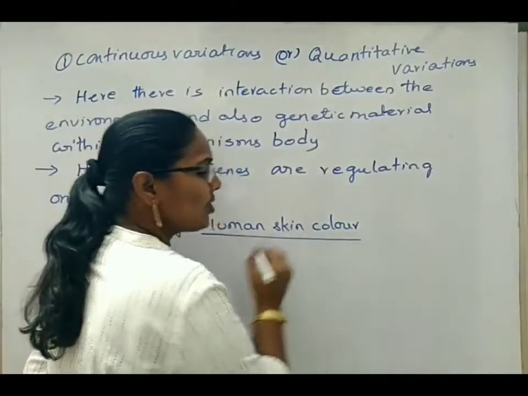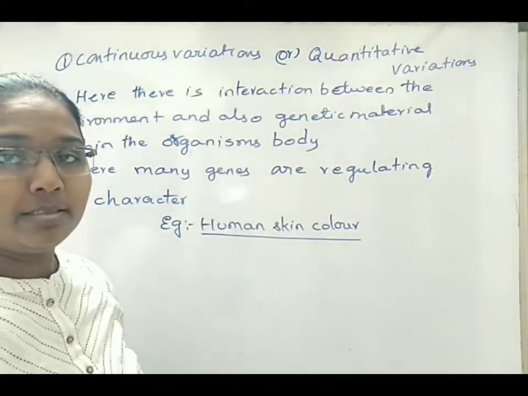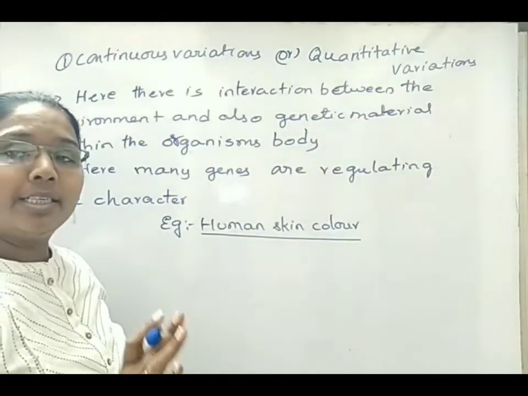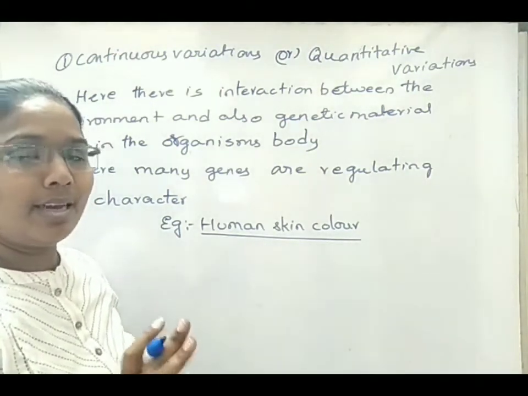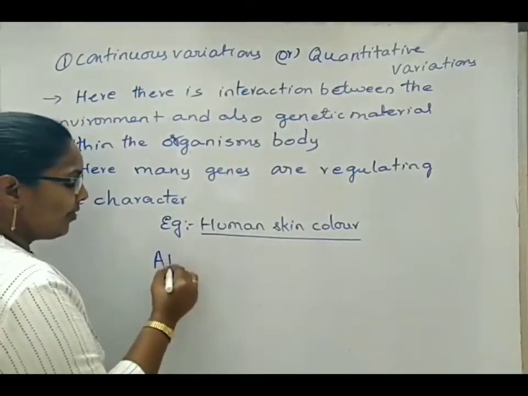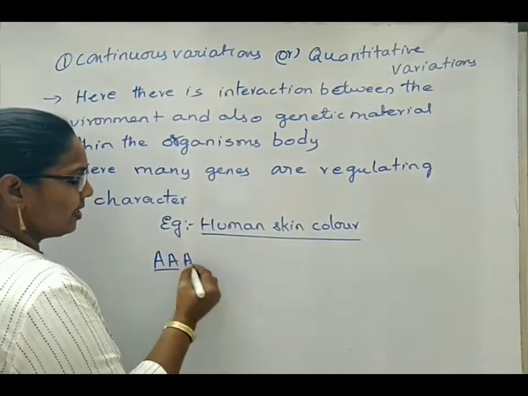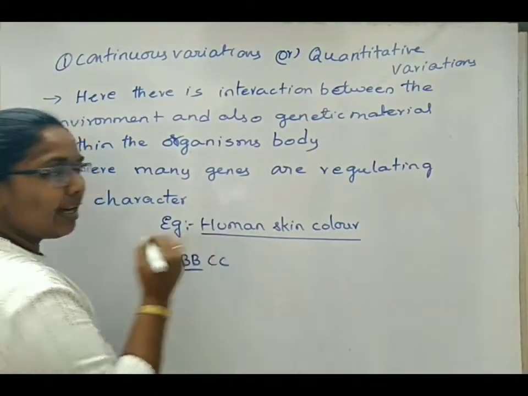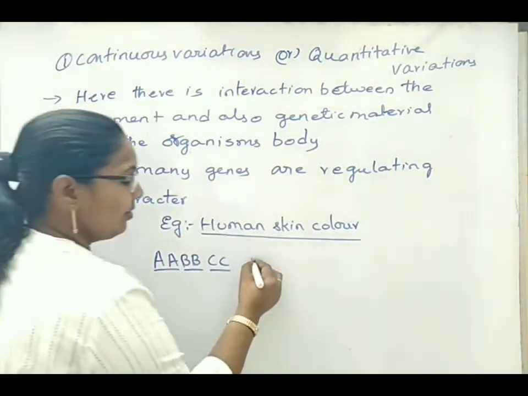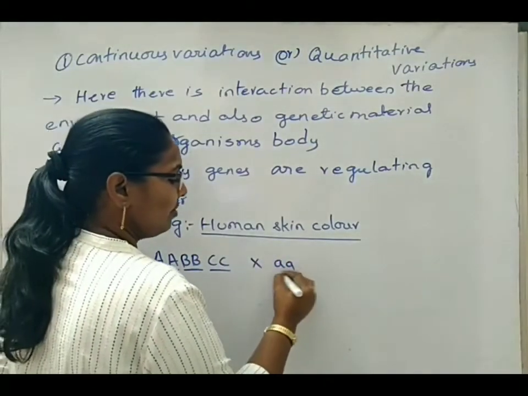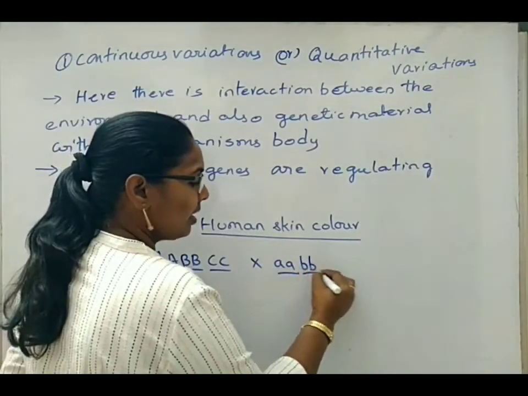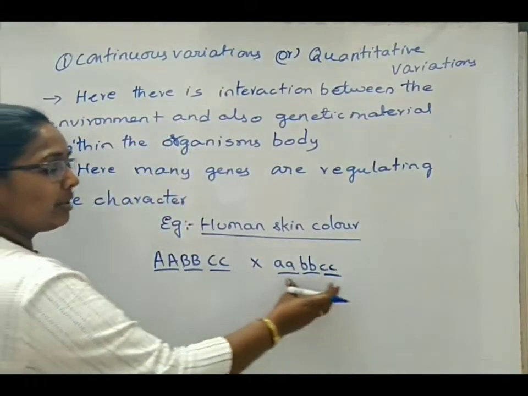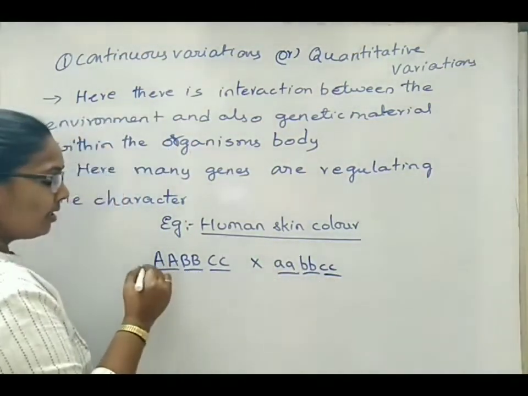There are dominant genes and there are recessive genes in the organism's body which are responsible for different skin colors, human skin colors. So here if I express, there are one gene, other gene and other gene which are crossed with one type of gene, other type of gene, other type of gene. Actually these three types and these three types are in one cell.